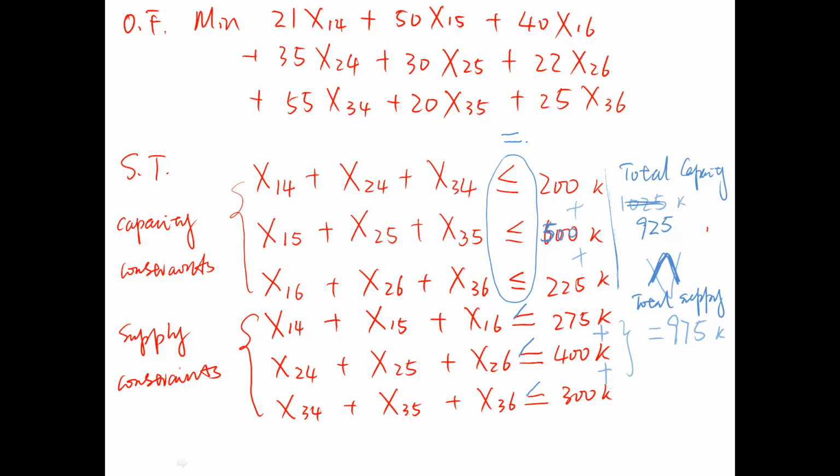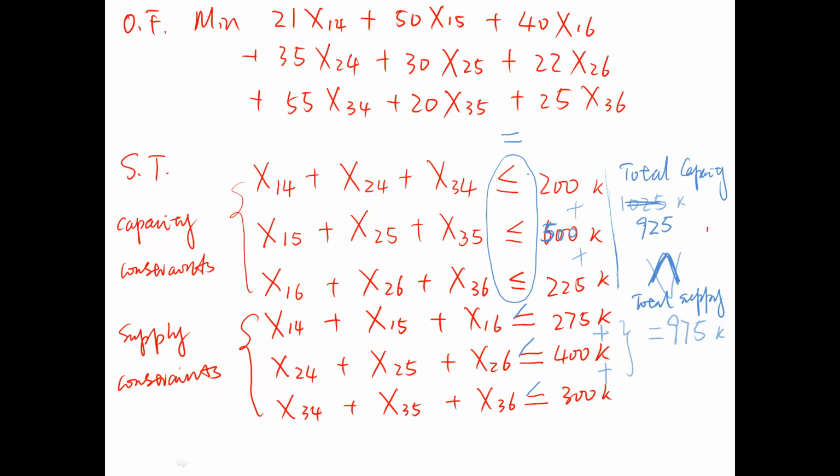When we change those signs to be equal to, what we are saying is that since we don't have enough capacity to process all the supplies, why don't we just use up all the available capacity? So we set those constraints to be strict equal-to constraints to make sure that all the available capacities are used at all three processing plants.